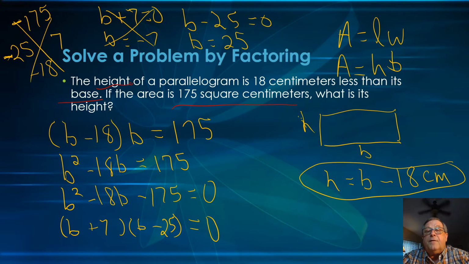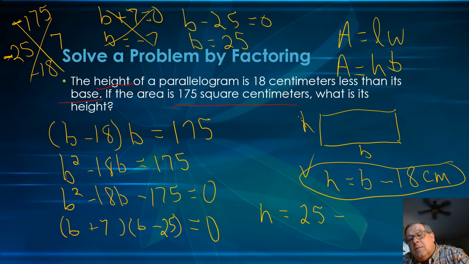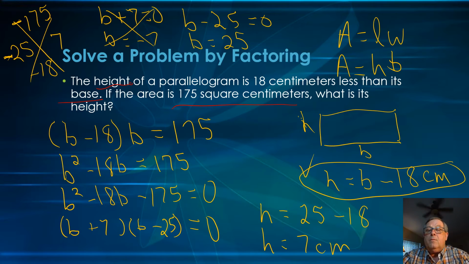Now that I have found a value for B that is going to work, I go back to what my height is. My height right there is B minus 18 centimeters, so I can say the height is equal to 25, which is what the base is, minus 18, and the height then is going to equal 7 centimeters. And maybe I want to check my work.